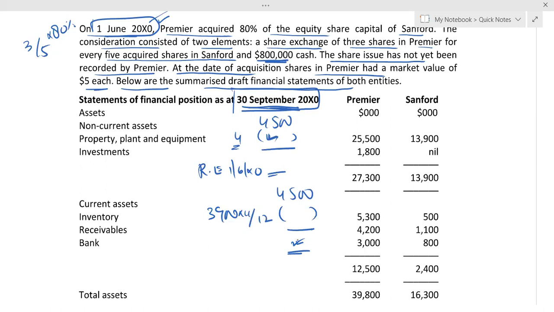The examiner has given us the retained earning 4,500, which is the retained earning at reporting date. But we need to find the retained earning 4 months before the reporting date. For that, you just deduct the earnings of the last 4 months. If I deduct the earnings of the last 4 months, I get a retained earning at acquisition of 3,200.